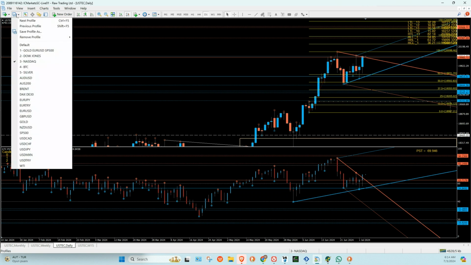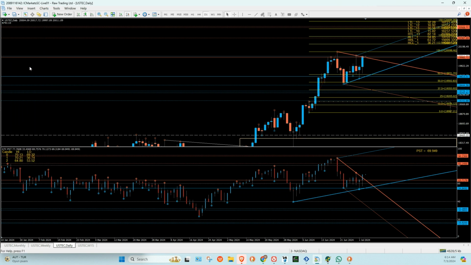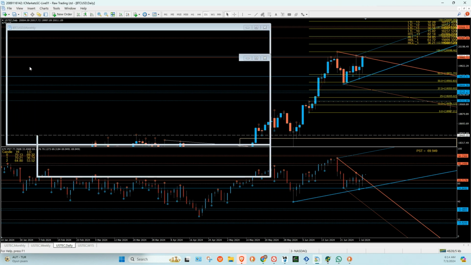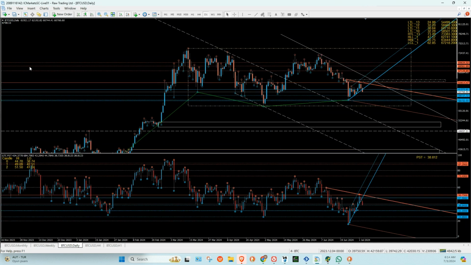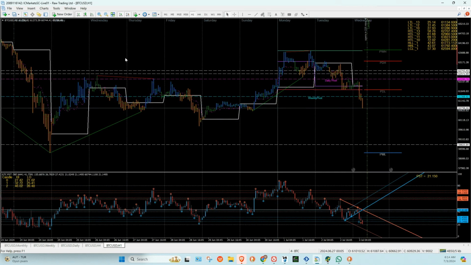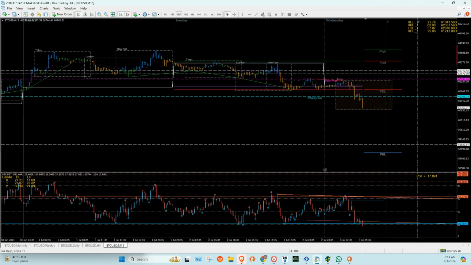Let's take a look at Bitcoin. Now with the indices going up, we'll see how this pans out. There you go. Now remember, I said this should be selling. Just out of curiosity, I want to know when they sold.